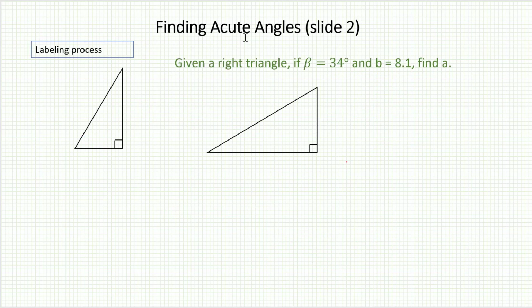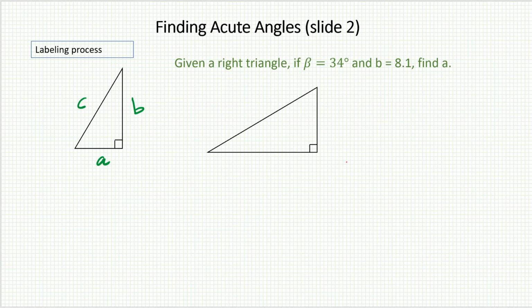Let's look at another example. This one says, given a right triangle, if beta equals 34 degrees and b equals 8.1, find A. Before we start, just a word about labeling in these problems. There is a standard labeling practice. In a right triangle, we always call the 2 legs A and B and the hypotenuse C. Of course, the angle opposite C is the right angle.